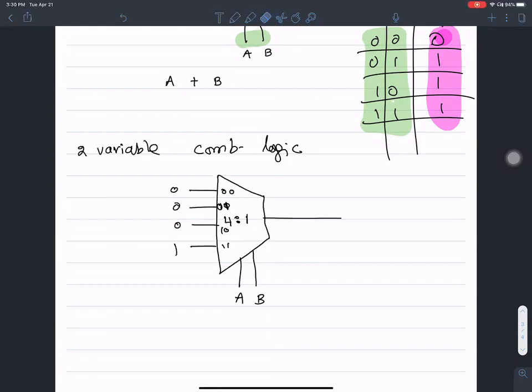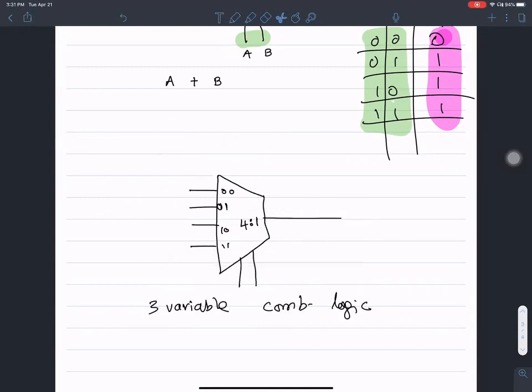That said, what I'm going to leave you with as an exercise is using a 4 to 1 mux to implement a 3 variable combinational logic.